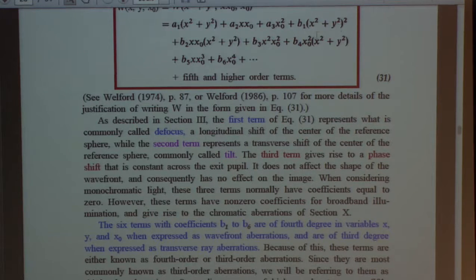So all of the b's here are fourth order terms, and we often call these fourth order aberrations. But sometimes in the literature I read these as third order aberrations. Why do they call them third order aberrations?